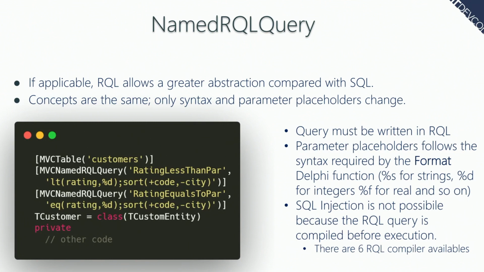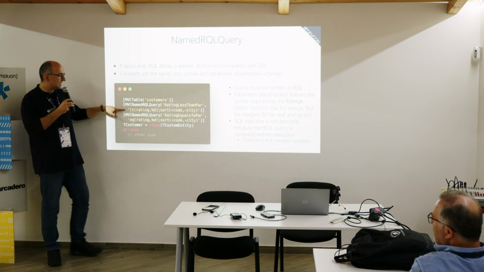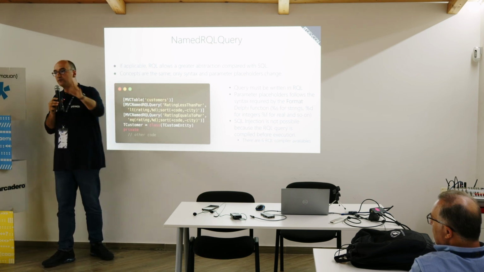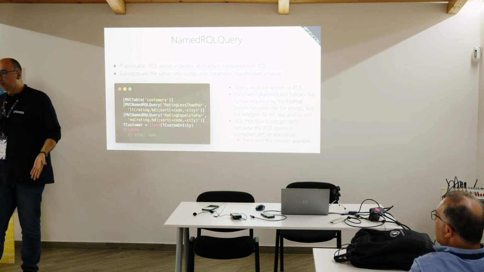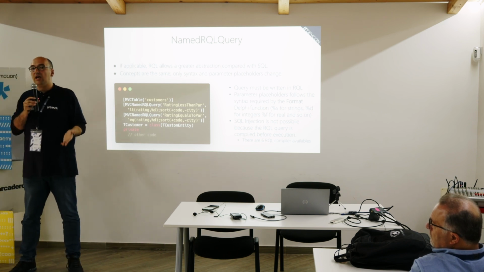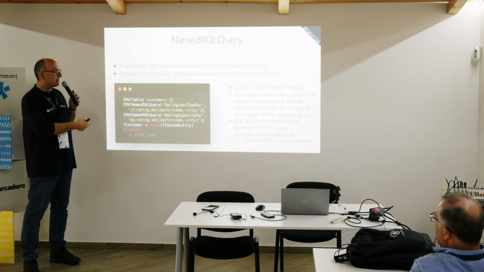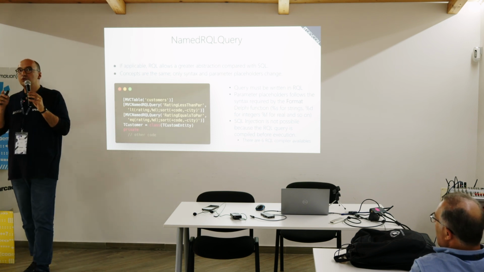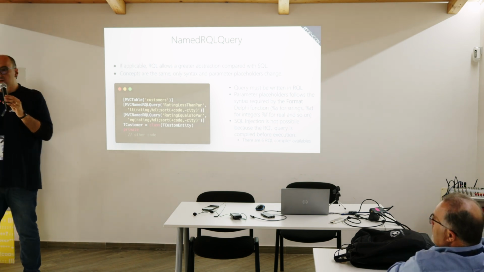But it is not less secure, because in case of SQL, the statement is directly passed to the engine, but in case of RQL, this text is passed to one of the compilers, which actually compiles, creates the SQL statement, and then it is executed. Okay? The mechanisms are the same, but here you cannot choose which engine, because RQL is an abstraction.